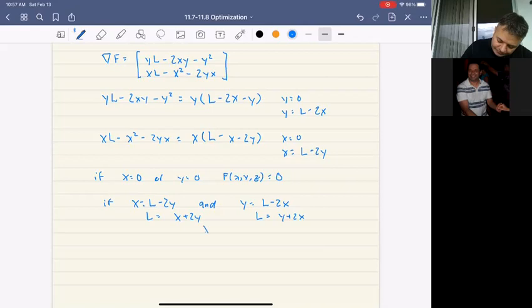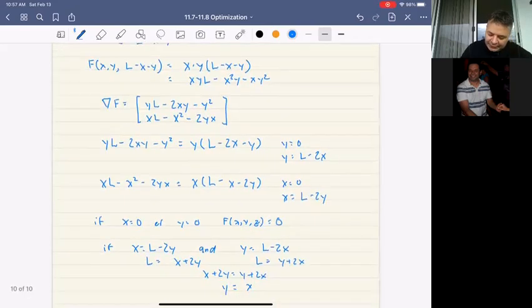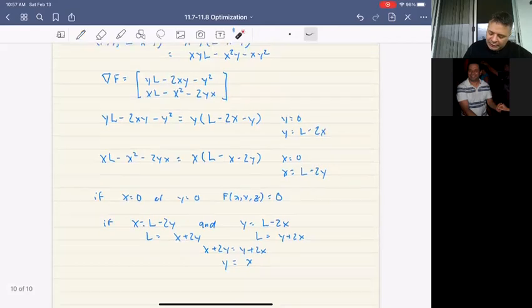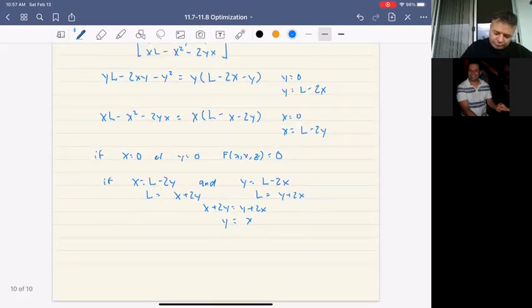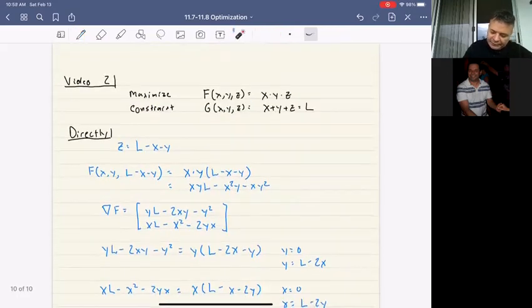So doing a little bit of algebra magic, we're going to get y equals x. If y equals x, let's go back. Rather, x plus y plus z equals L.